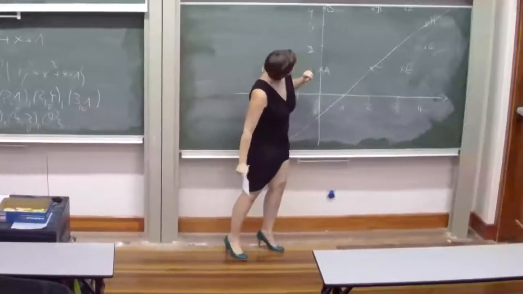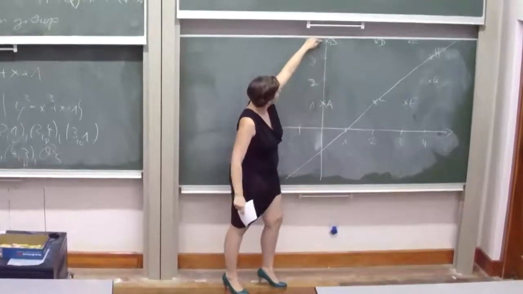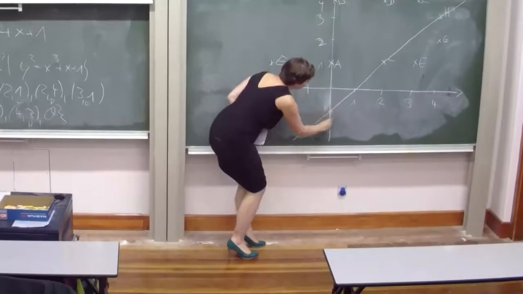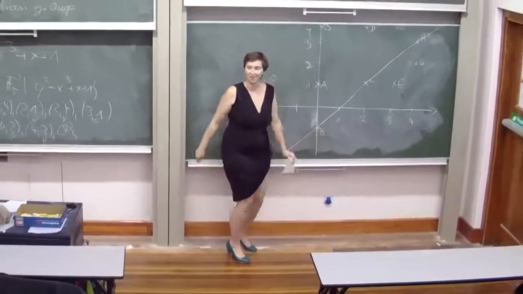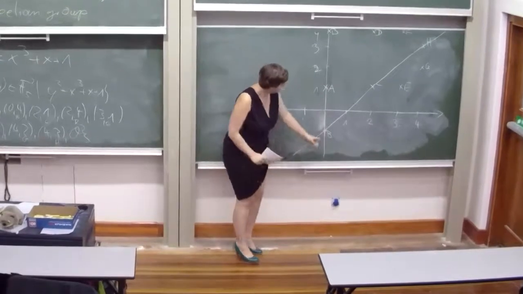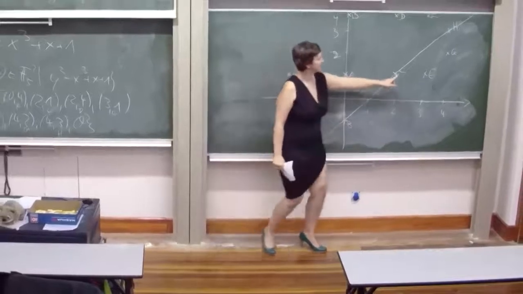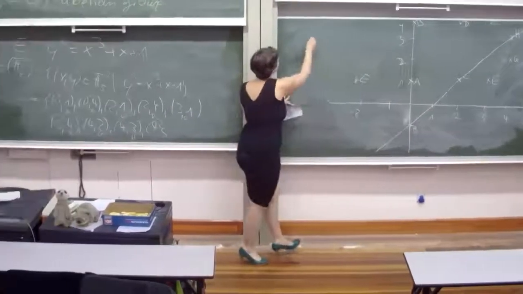So, for example, this point B, which is (0,4), is also (0,-1). So it's also here. And we have a third intersection point, and we can mirror it on the x-axis, and we see that C plus H is equal to A.